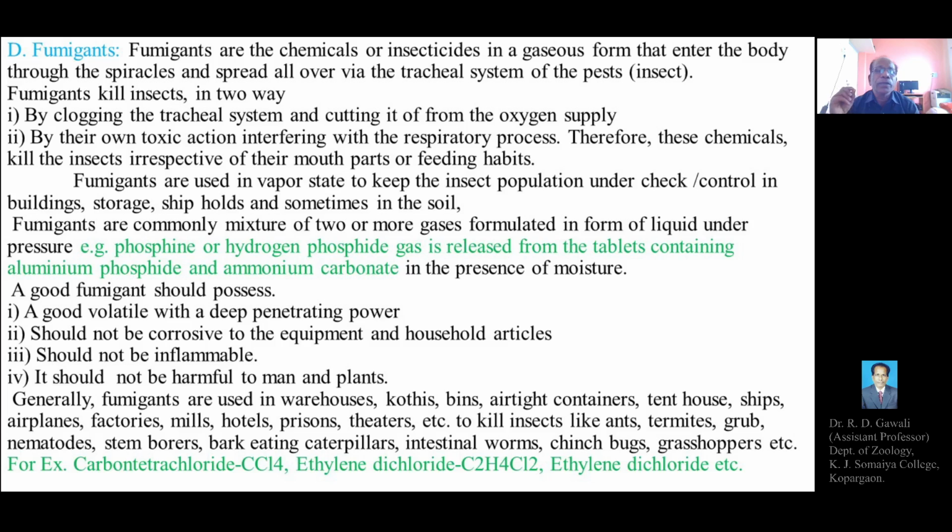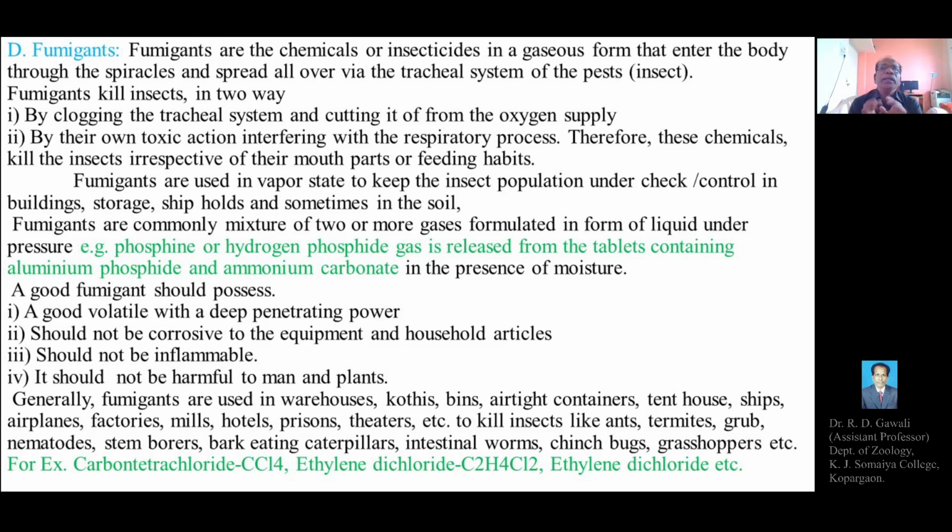Generally fumigants are used in warehouses, bins or airtight containers, tent houses, ships, aeroplanes, factories, mills, hotels, prisons, theaters, etc. to kill insects like ants, termites, grubs, nematodes, stem borers, bark-eating caterpillars, intestinal worms, chinch bugs, grasshoppers, etc.